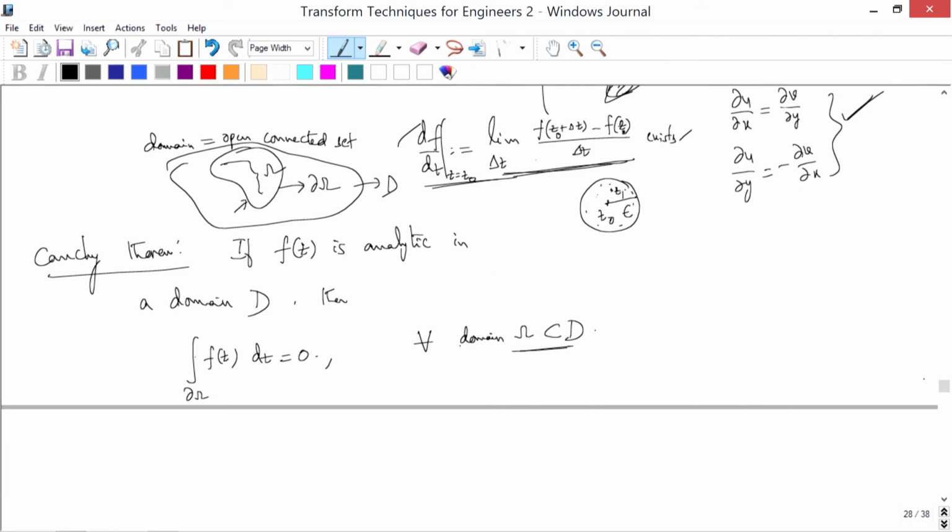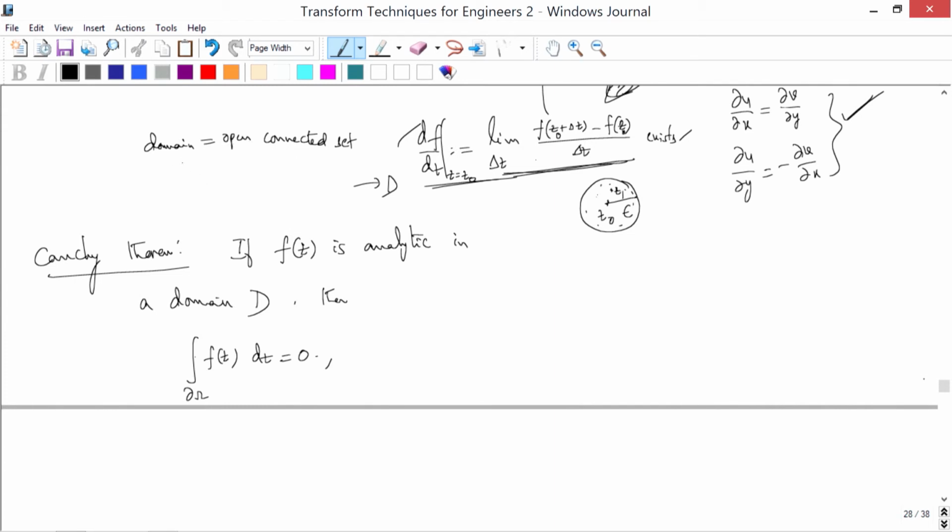So, instead of putting it this way and confusing you, what you do is, you have initially one domain D, which is a connected open set. Now, you consider any closed smooth curve.